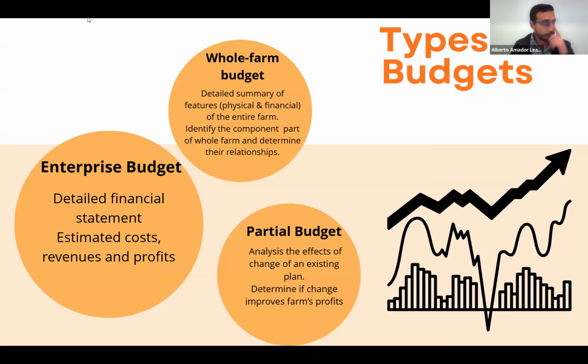For example, maybe you have 30 acres of wheat and some cattle. You can harvest the wheat for grain and sell the cattle, or graze the cattle on that field. So you can do a partial budget to see what option is better for you.